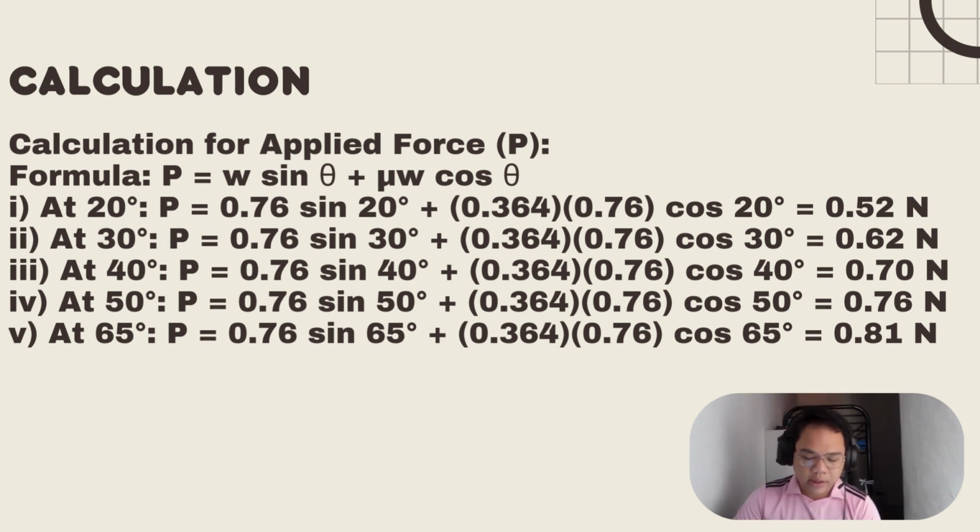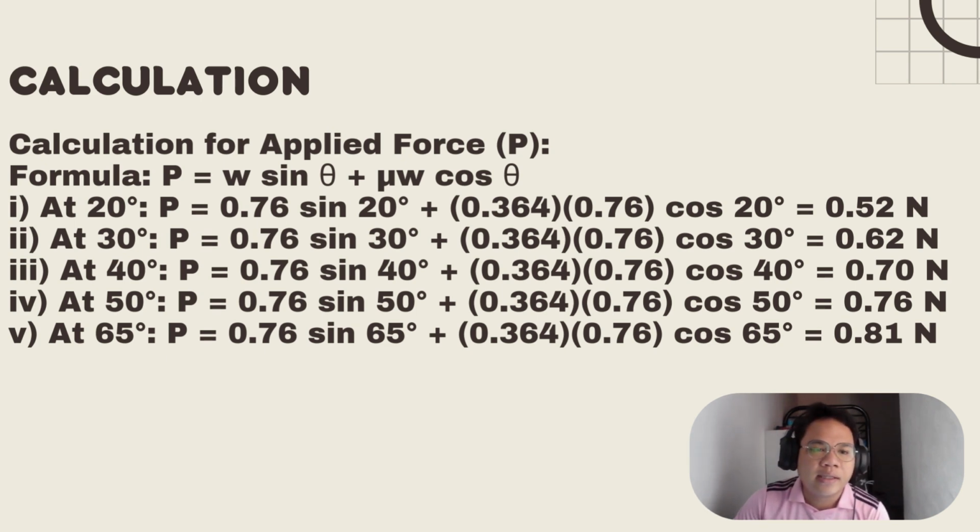Next, we calculate the applied force using the formula P equals W sin theta plus mu W cos theta, assuming W is 0.79 Newton. The results are, at 20 degrees, after the calculation, we get 0.52 Newton.